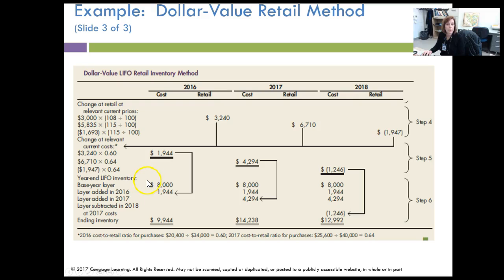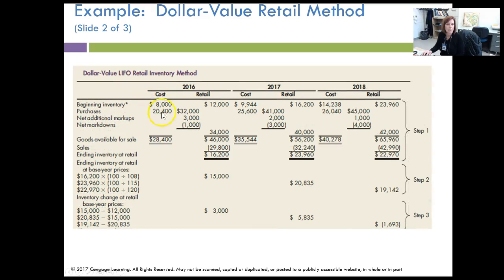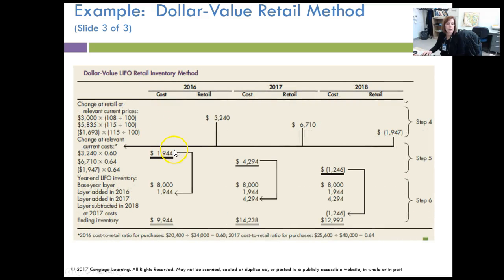So now we look at our beginning inventory figure for our base year, which was 8,000. And I will scroll back up and remind you, at cost. And we will add the layer related to the 2016 purchases to that.